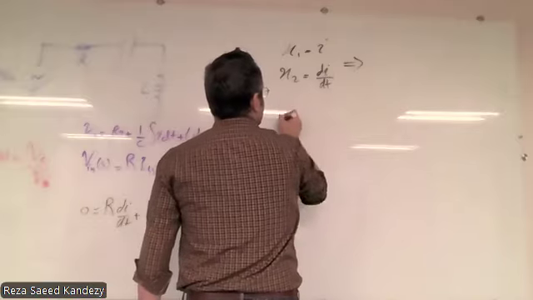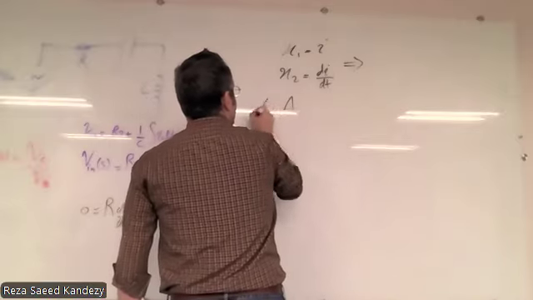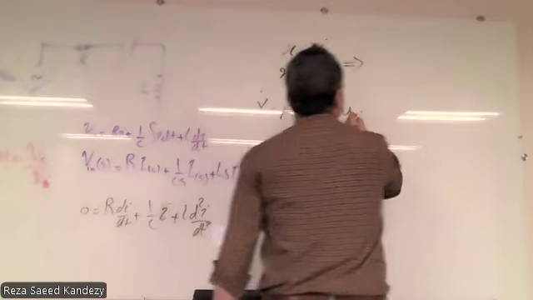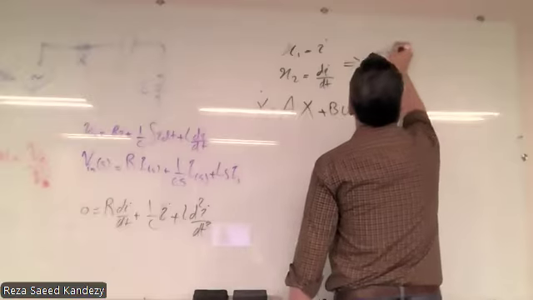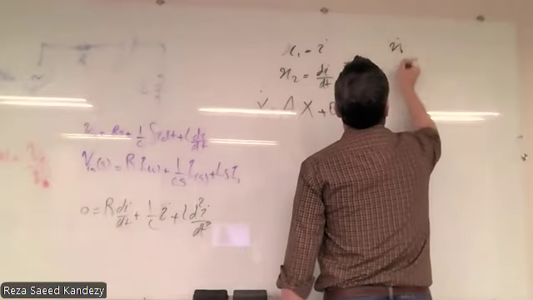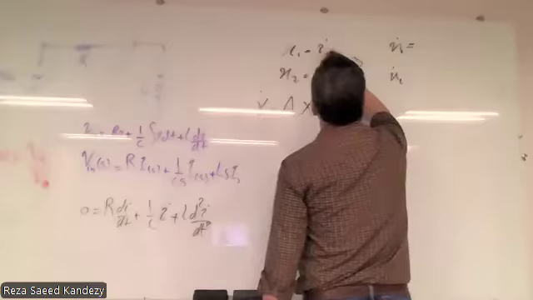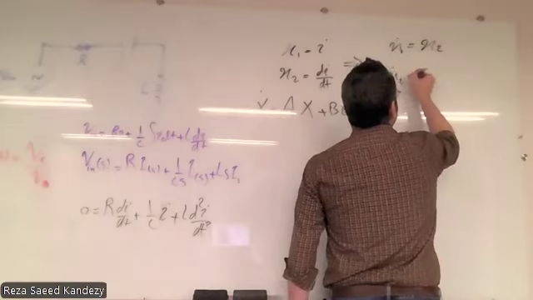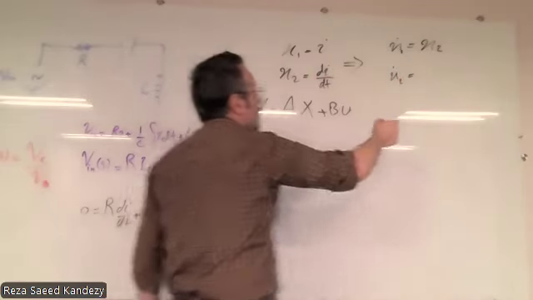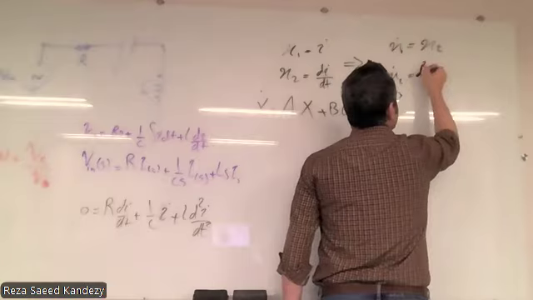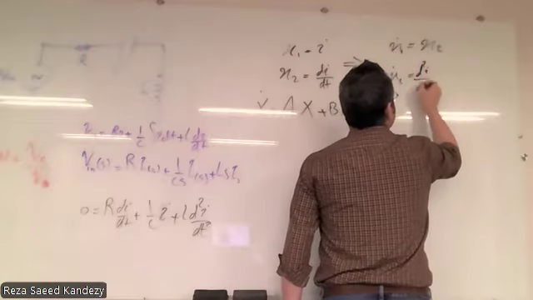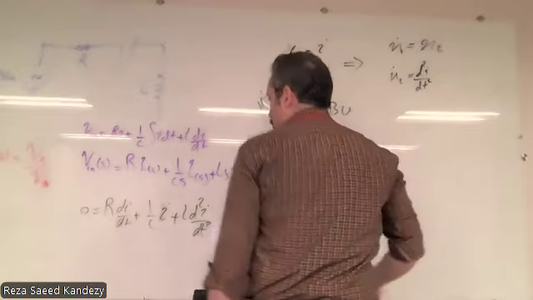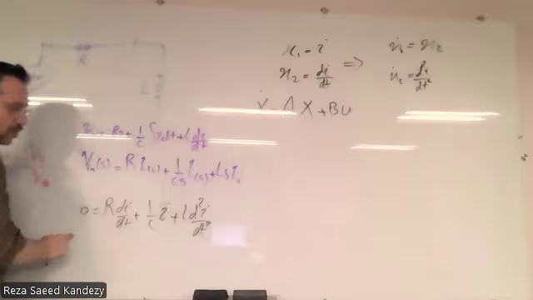We want to develop x dot equal to Ax plus Bu. So we need the x dot vector: x1 dot and x2 dot. x1 dot is di over dt, which is x2. And x2 dot is going to be the second order differential of our current, which we can find using the original circuit.